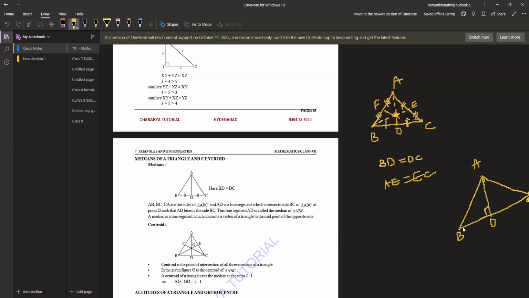Similarly, from B to the other side is also an altitude. What is the meaning of perpendicular?